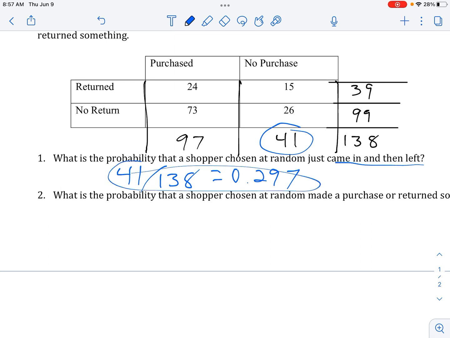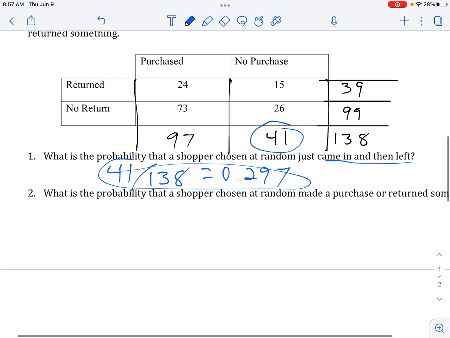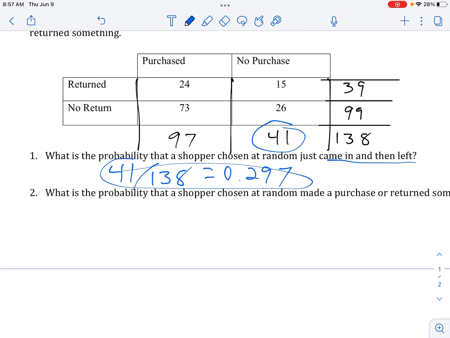And then probability that a shopper chosen at random made a purchase or returned something. Okay, so made a purchase is those two, or the total of 97. And it says or returned something. So remember, returned is these ones, but we don't want to count the 24 twice. So we just need to include all three of those numbers.